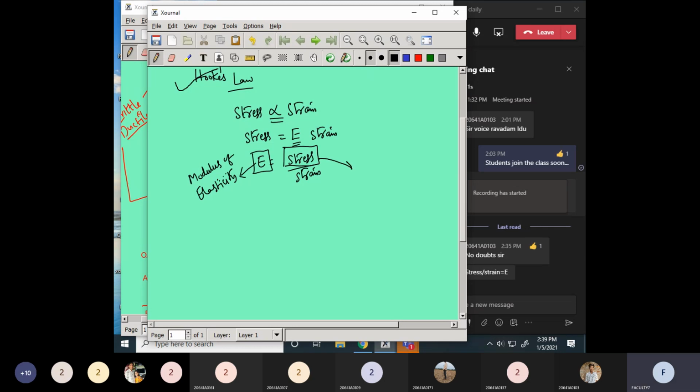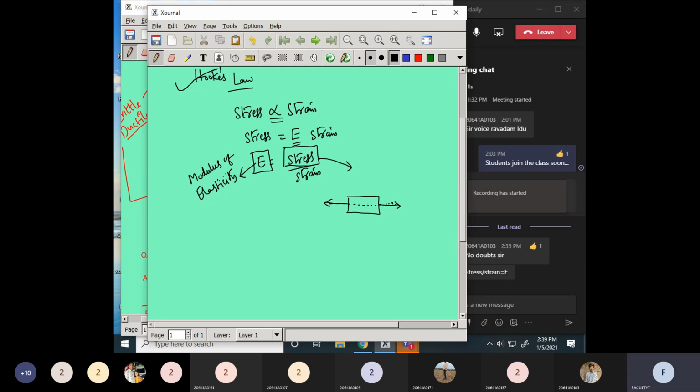Previously we had seen the different types of stress. If you are considering a material, and this is the axis of the material, and you are applying two forces like this, then you are going to get a variation in the length.